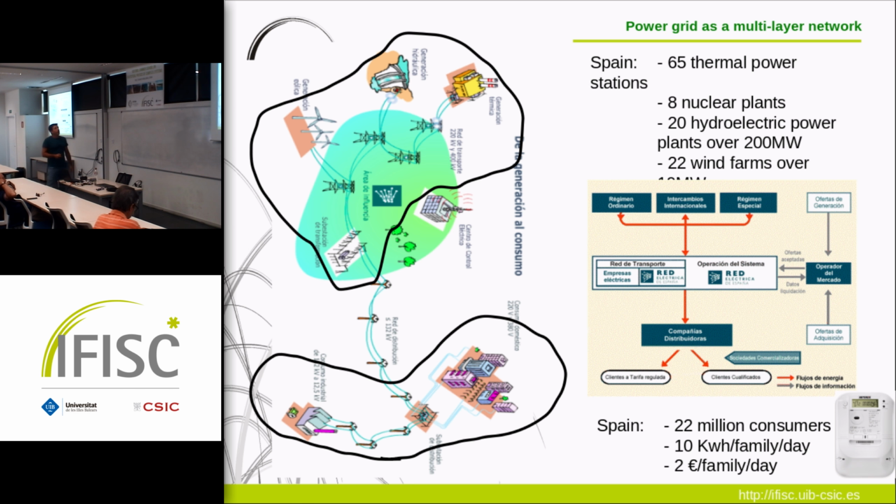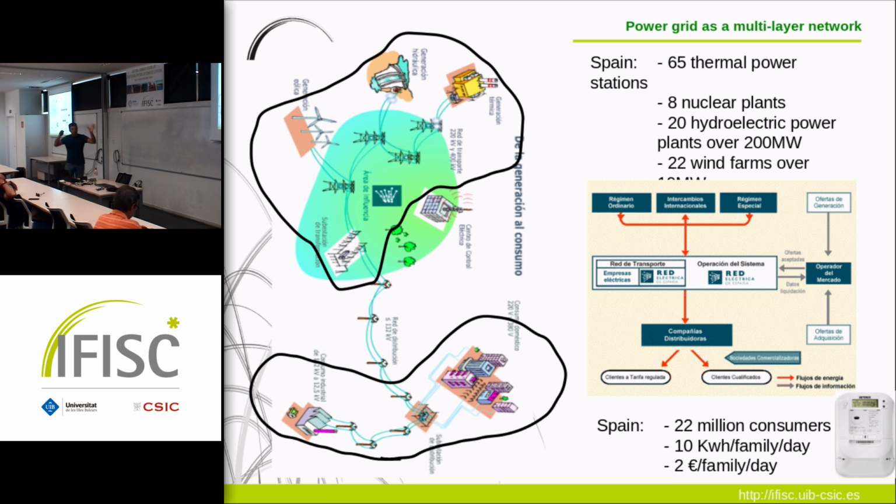As an example, for generation in Spain, there are 55 large thermal power stations and 8 nuclear plants. These are plants of 1 gigawatt or close to a gigawatt, and 20 hydroelectric power plants over 200 megawatts, 22 wind farms, and so on.